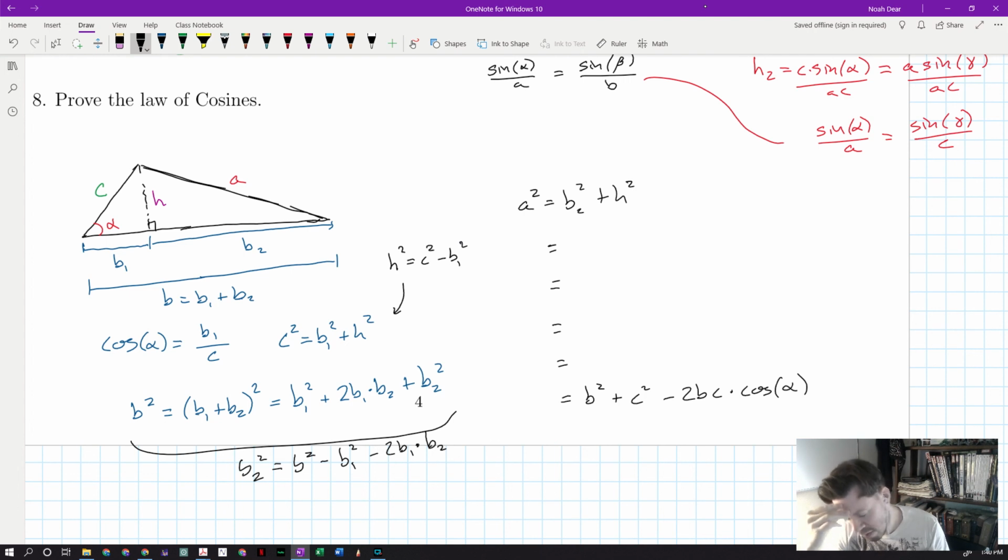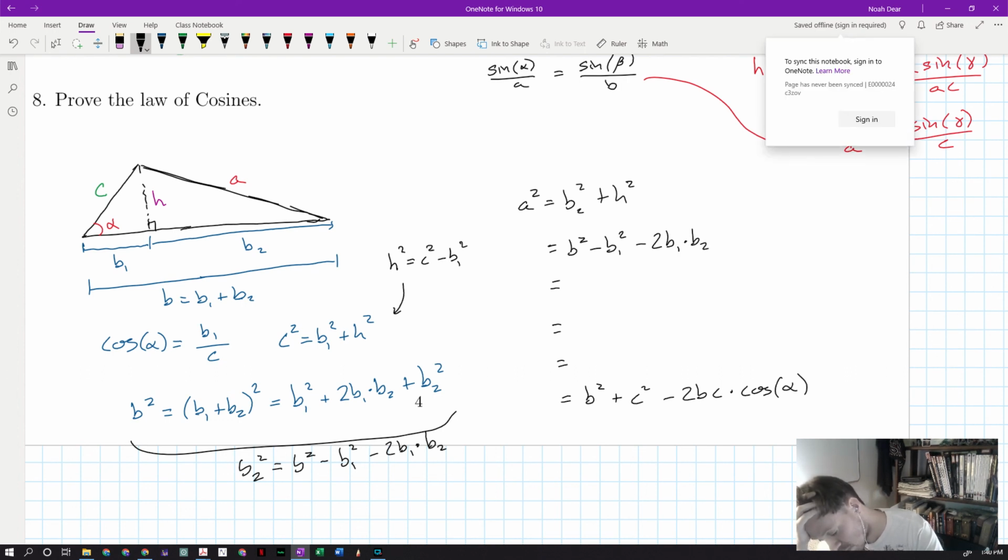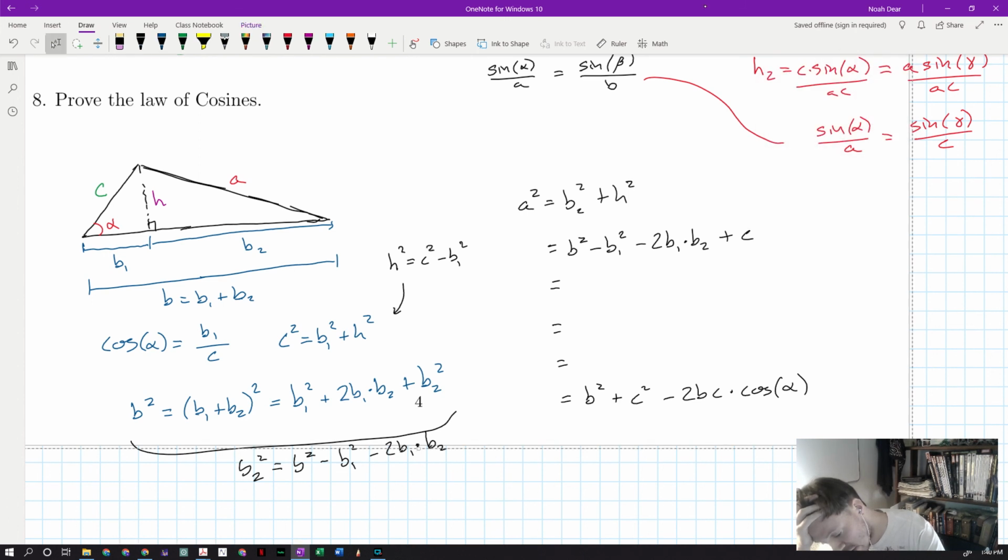So I'm just going to try plugging both of those in, because that gets me out of H, and it also gets me a B squared in there in that second one. So I'll have B2 squared becomes B squared minus B1 squared minus 2 B1 times B2, plus H squared is C squared minus B1 squared.